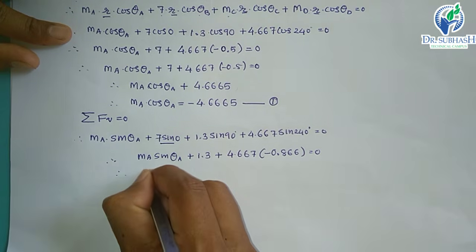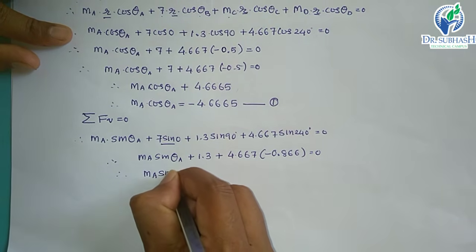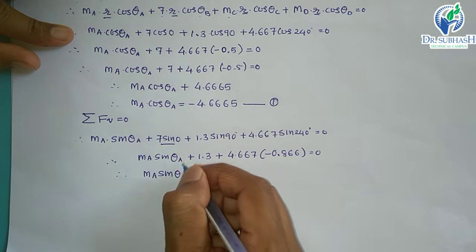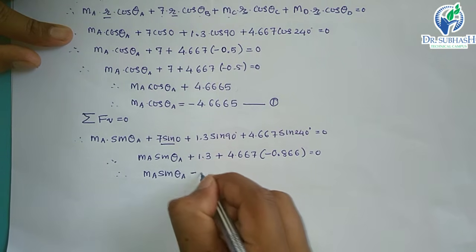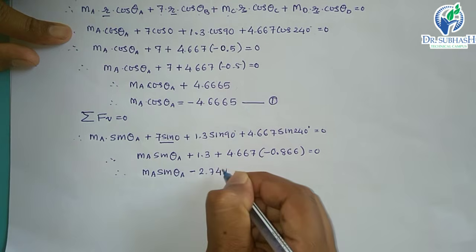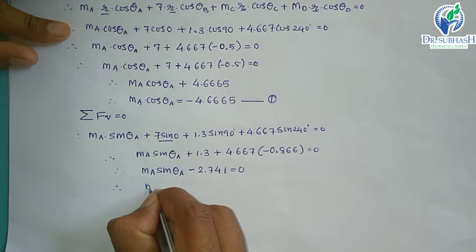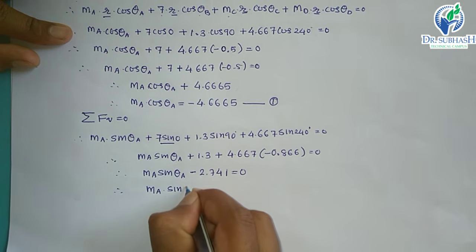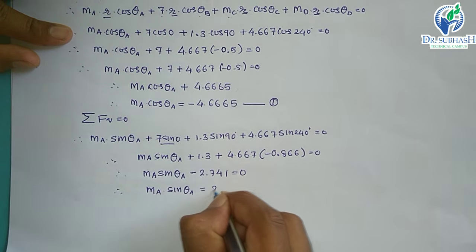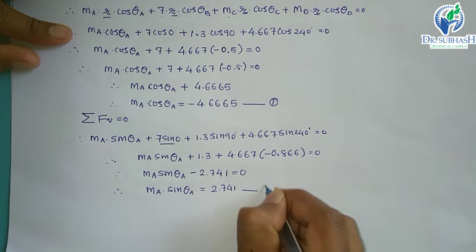If we again simplify, then we get ma into sin theta a minus 2.741 is equal to 0. So we get ma into sin theta a is equal to 2.741. This is our equation number 2.